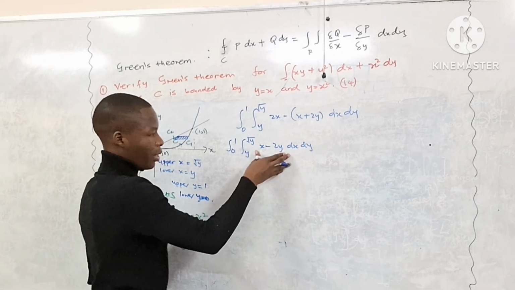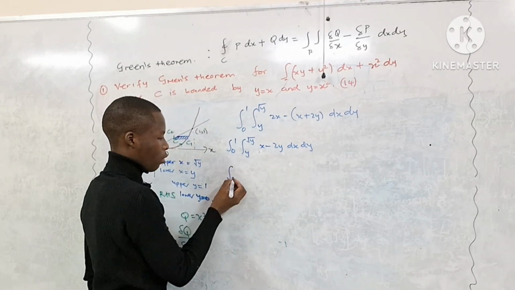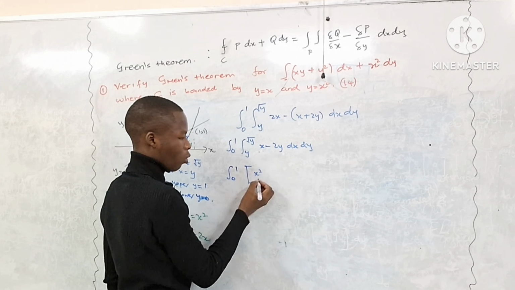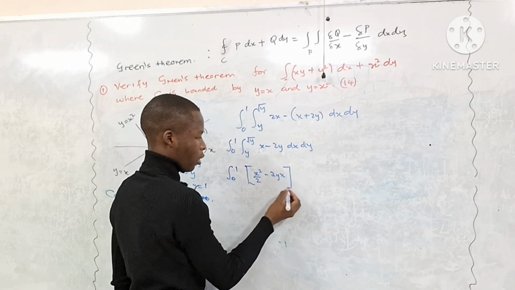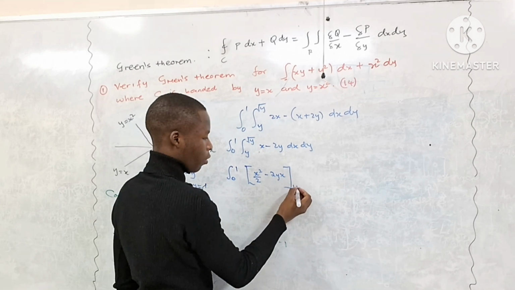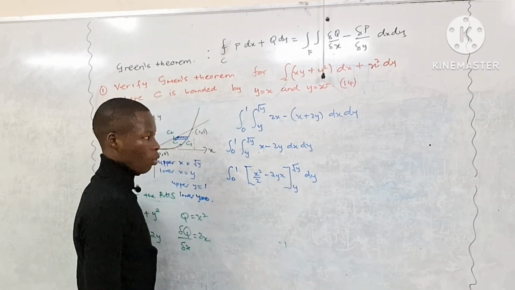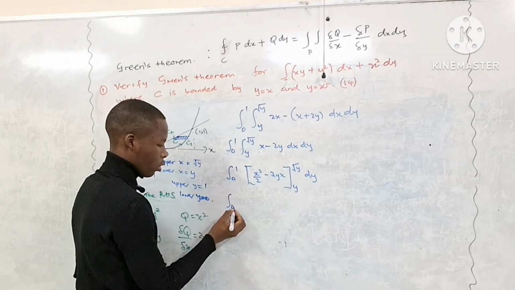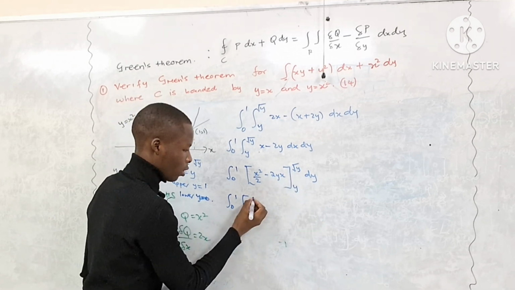Let's integrate this with respect to x, from 0 up to 1: x squared by 2 minus 2yx, from y up to root y, with respect to y. Substitute for x by this.